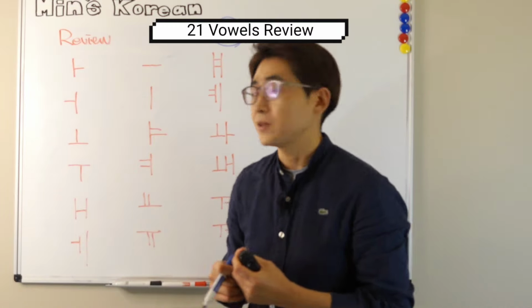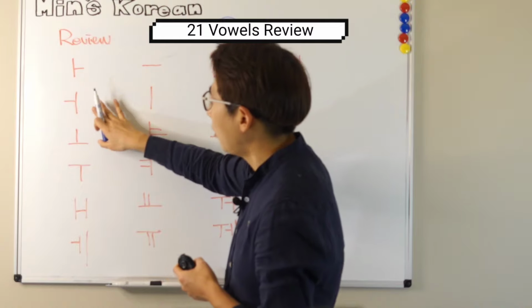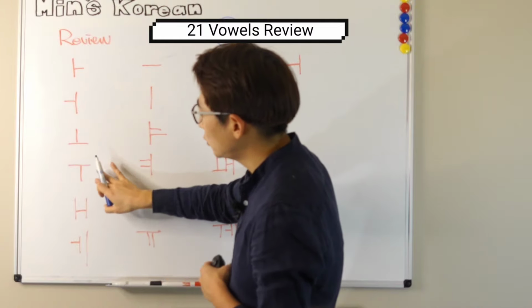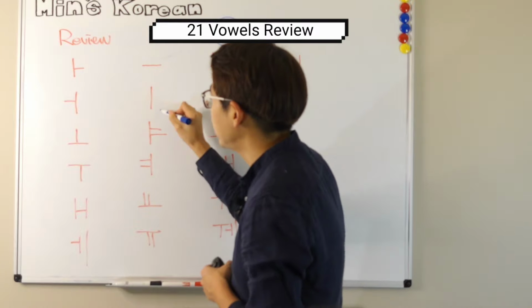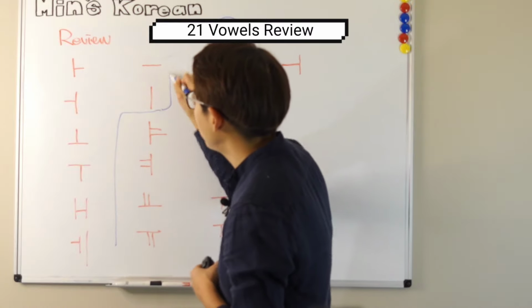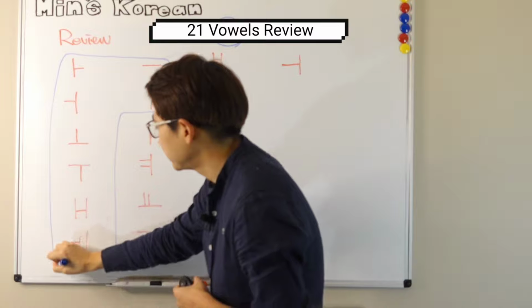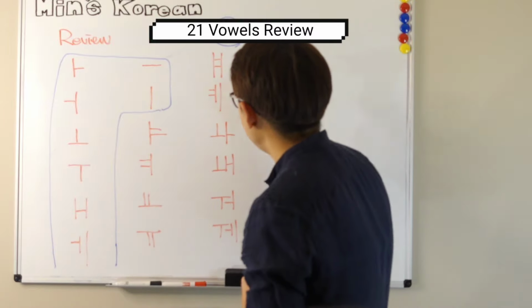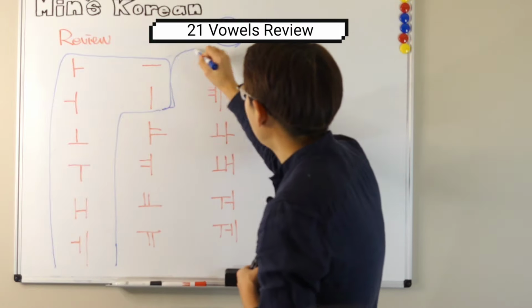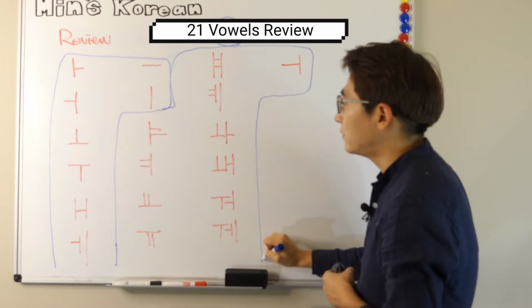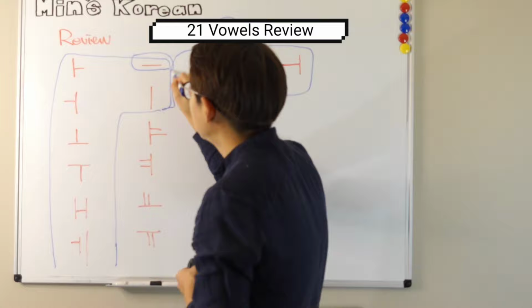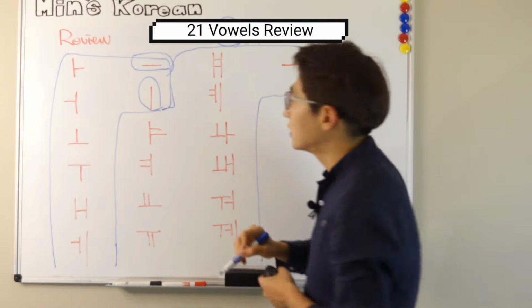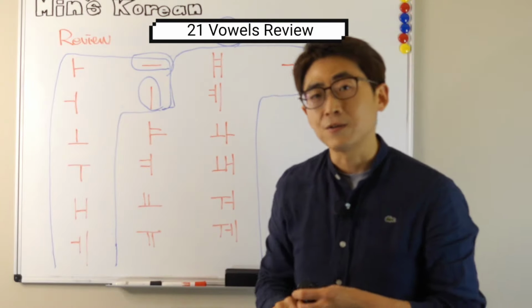So let's give it a review. We have a, o, u, e, u, e, and they were the basic vowels. The others were all double vowels. And among them, u and e were neutral vowels, right?